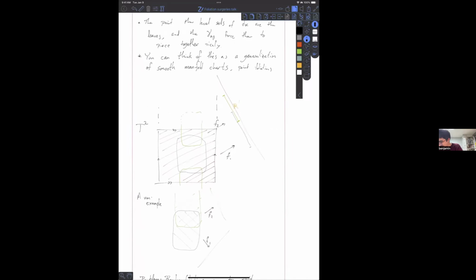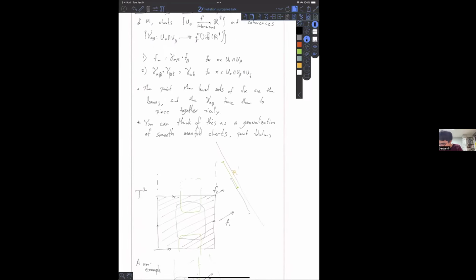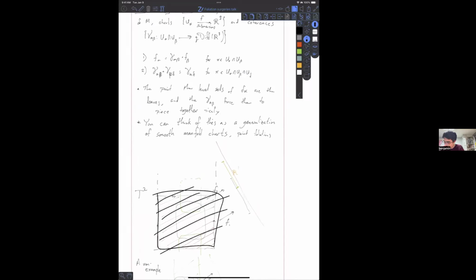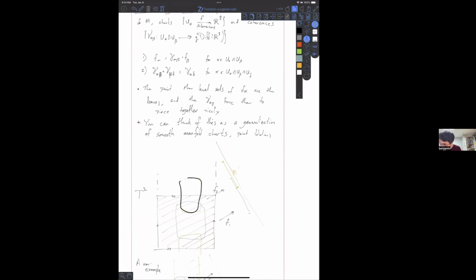Thanks. Yeah. So here's an example. Let's take the torus and let's take an irrational slope foliation. And so here's one chart. Here's another chart. It wraps around. And here's F1. Sorry, it's getting kind of messy. And this one, to have a continuous chart, let's say it goes to here in R^1.